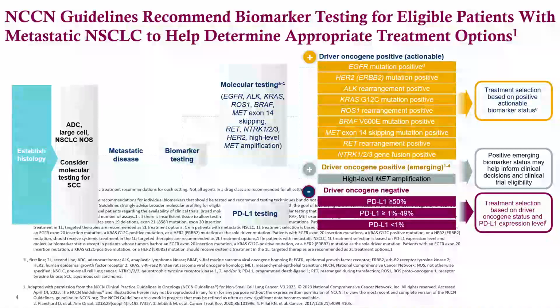Now in metastatic disease, which is a recent advancement, we go for molecular testing like EGFR, ALK, ROS, BRAF, MET, RET in case of adenocarcinomas. Even in squamous cell carcinomas, we can consider all these mutation analyses. Next slide, please.